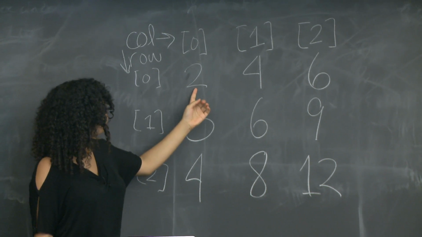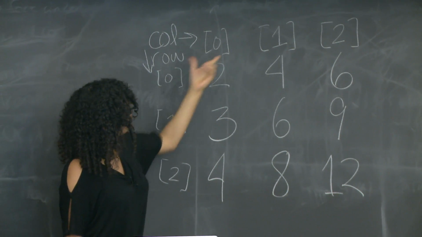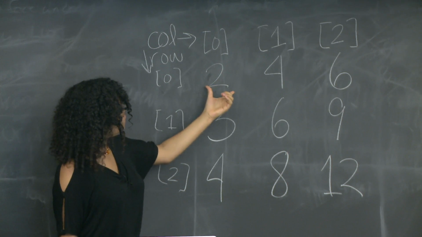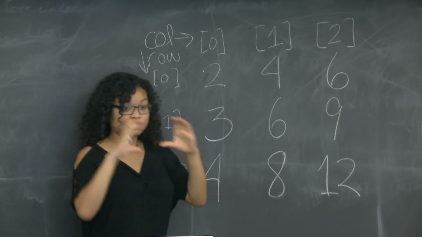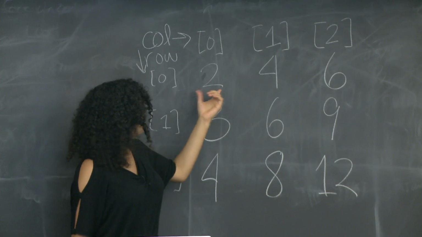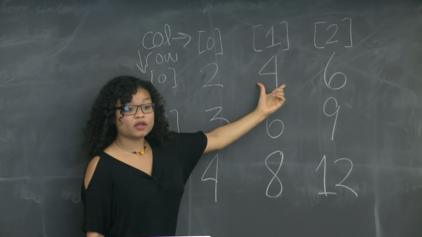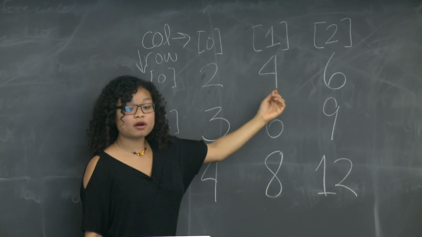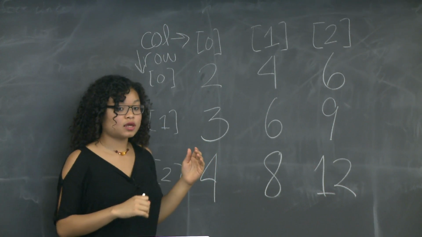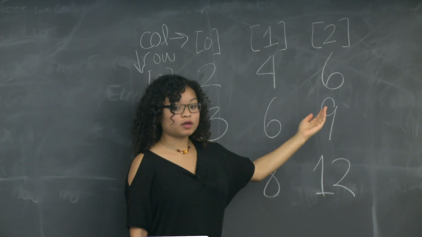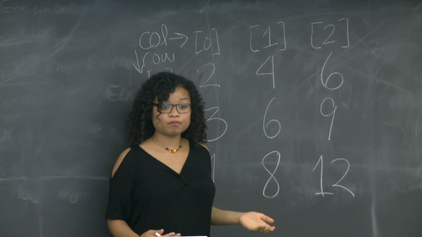To access this element, it's at the 0th row and the 0th column, so we would access it by the index of 0, 0. Then this one, similarly, is still on the first row, but it's on the second column, so we access that by 0, 1. Then the last one would be 0, 2.